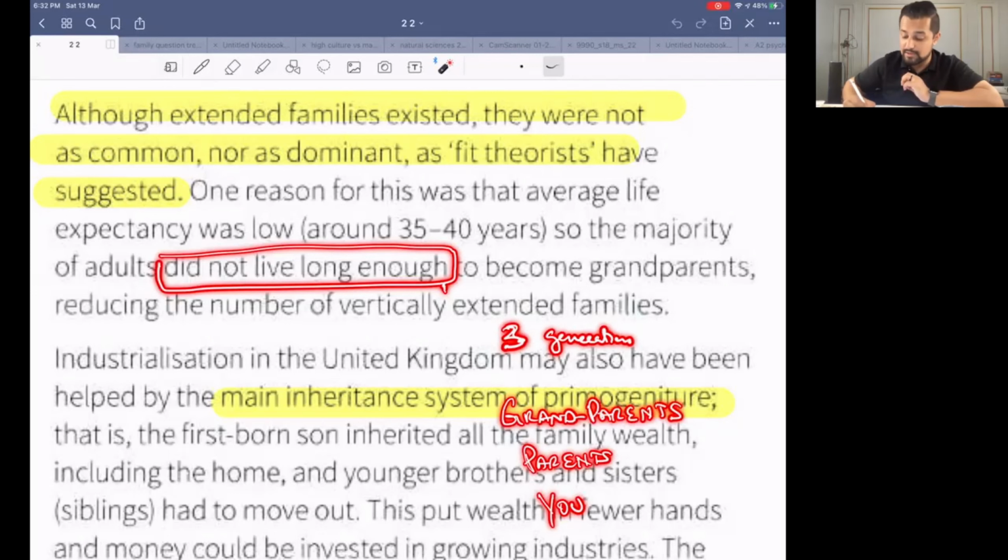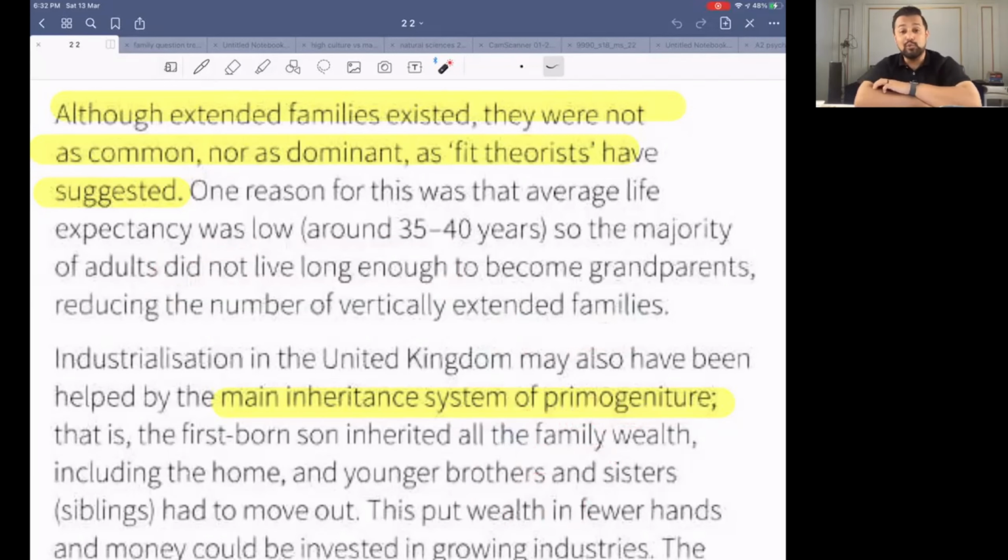All of this is only possible if the life expectancy is high. If the life expectancy, my dear, is not high, don't you think that automatically reduces the chances of there being vertical extended families? You know, I keep on giving the example of the Queen. There's Queen Elizabeth, and then there's Charles, and then there's William, and then there's George now, and the Queen is still up and running.